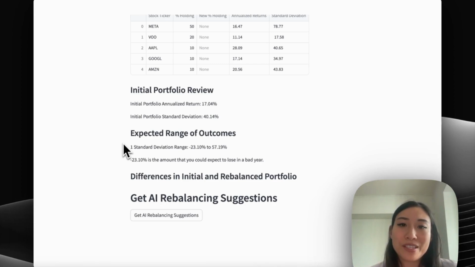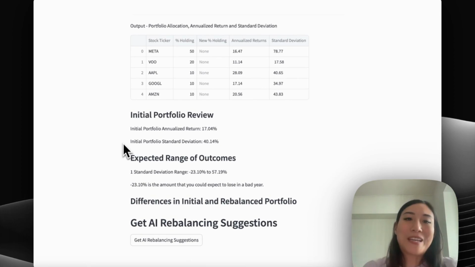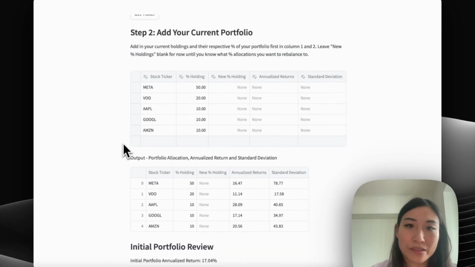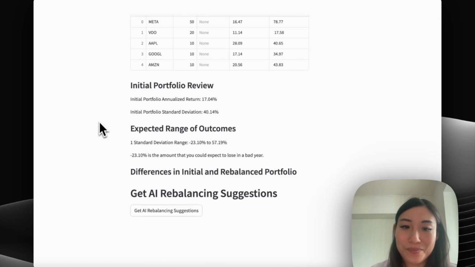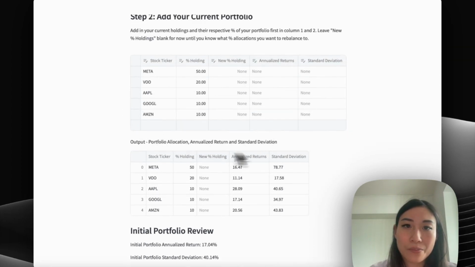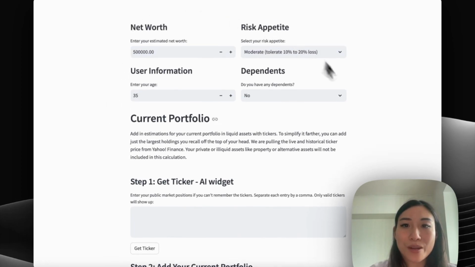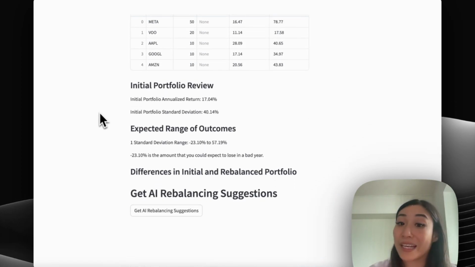So what I'm going to now do, instead of keying in what I think could be good new mixes for these different stocks, is actually ask the LLM if there are any rebalancing suggestions for this current portfolio. What this is doing is taking into account information around the current portfolio, and some of the information that I added earlier on, like risk appetite, age, etc., to come up with some suggestions that I can look into.